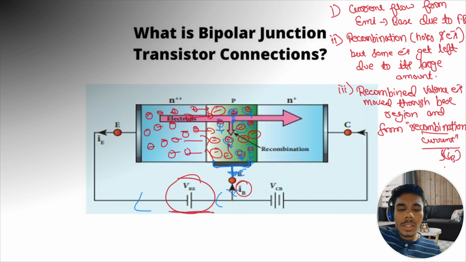The base current is also known as the recombination current. After recombination, the recombination current starts flowing towards the emitter.